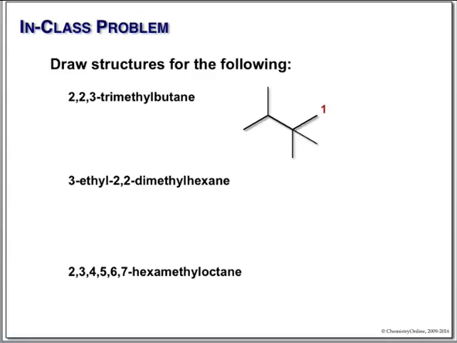This is a hexane. That's 6 carbons in our zigzag. Go ahead and do your zigzag. Six carbon zigzag should look like that. And just for the heck of it, I'll let this end be carbon 1 this time, just to show I'm being fair.